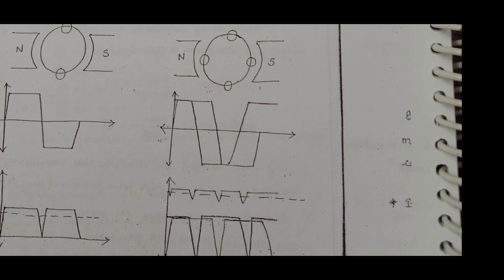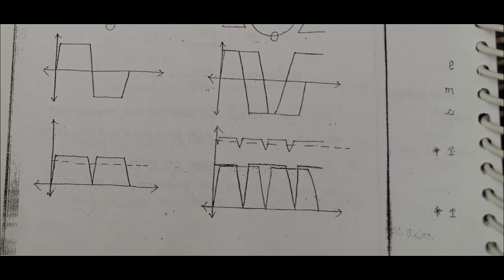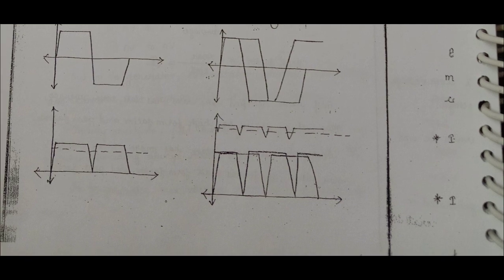With two coils in figure number 2, A dash, B dash, it is a flat wave or a truly DC supply.